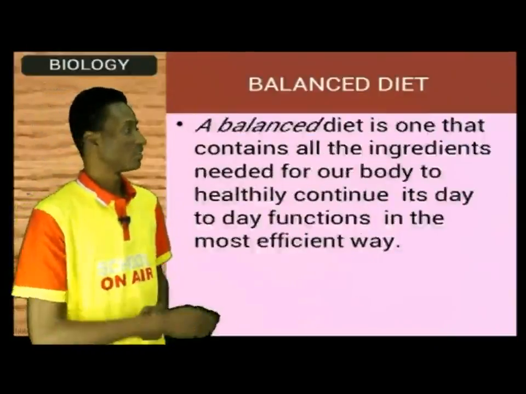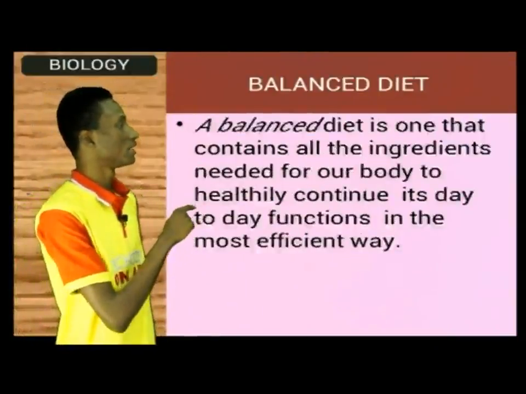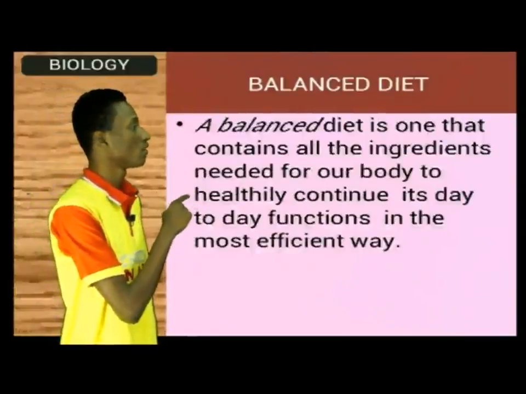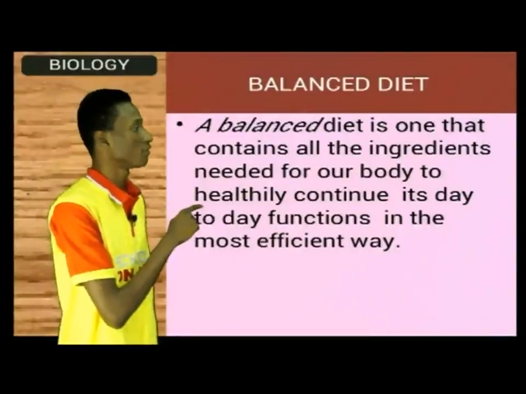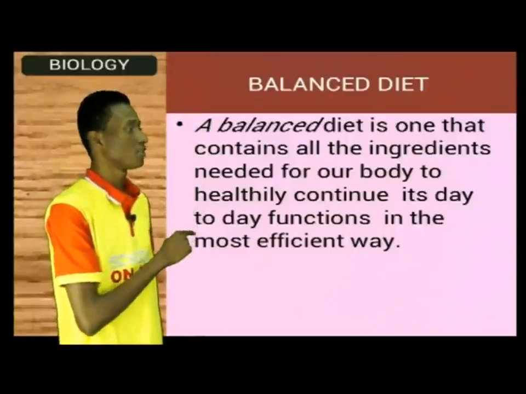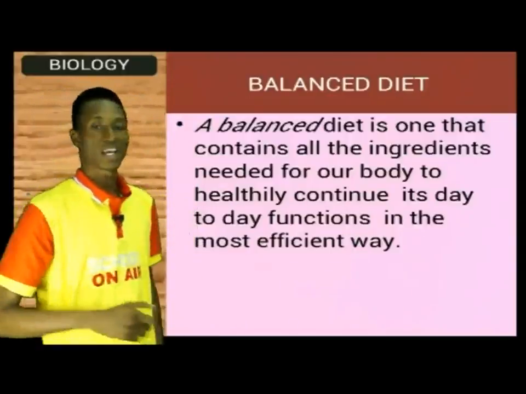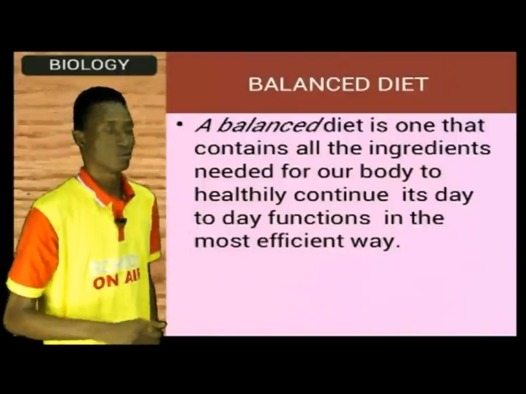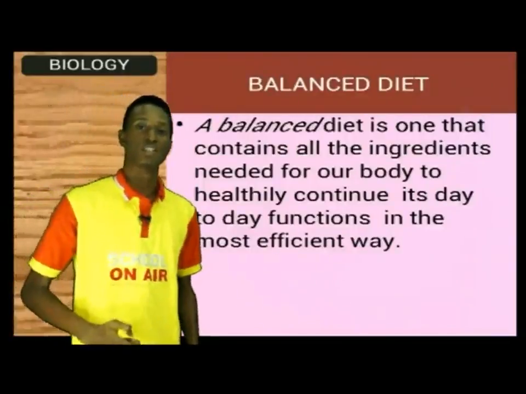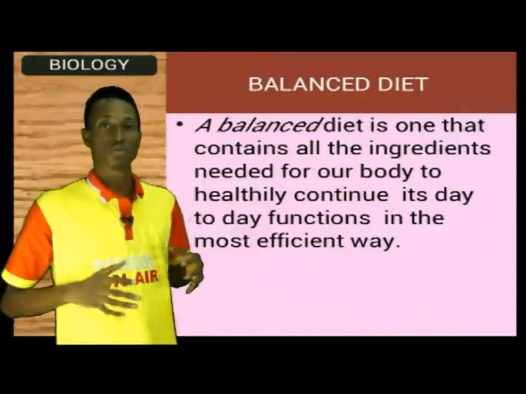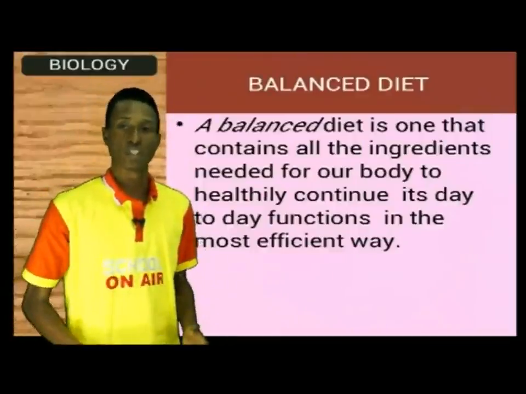A balanced diet is one that contains all the ingredients needed for our body to healthily continue its day-to-day functions in the most efficient way. We can see that this statement emphasizes healthily continue. It means that balanced diet is not just a term that should be used once. It is a continuous process.